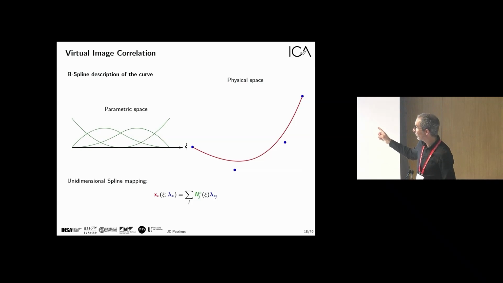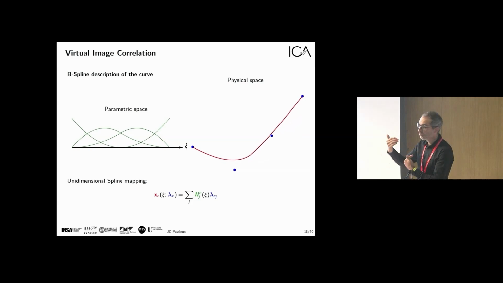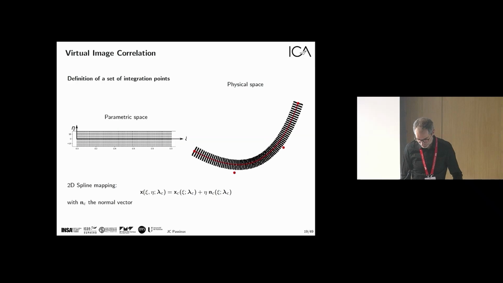The simple difference is that the shape functions are not exactly the same, and that the nodes do not necessarily belong to the geometry, whereas in finite elements it is the case. So what's nice with splines is that if you move one control point, you can change the geometry in a very regular way. There are plenty of other good points with splines.